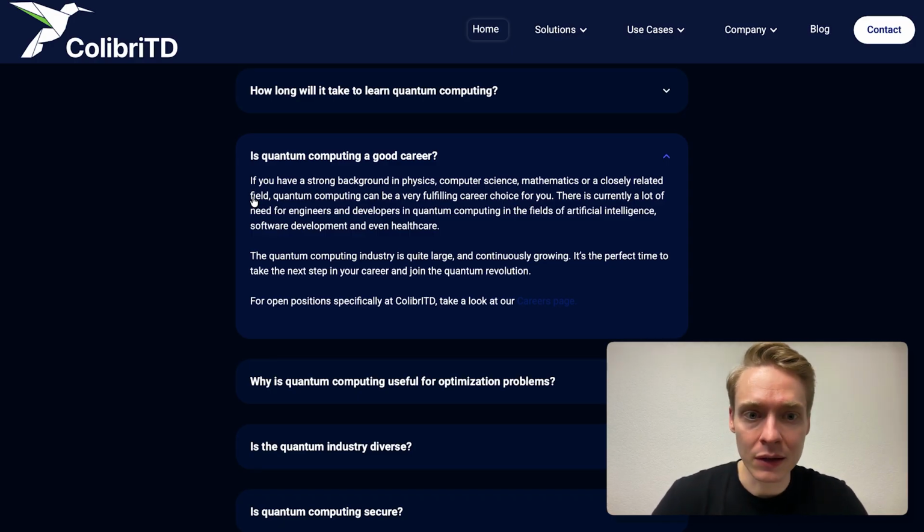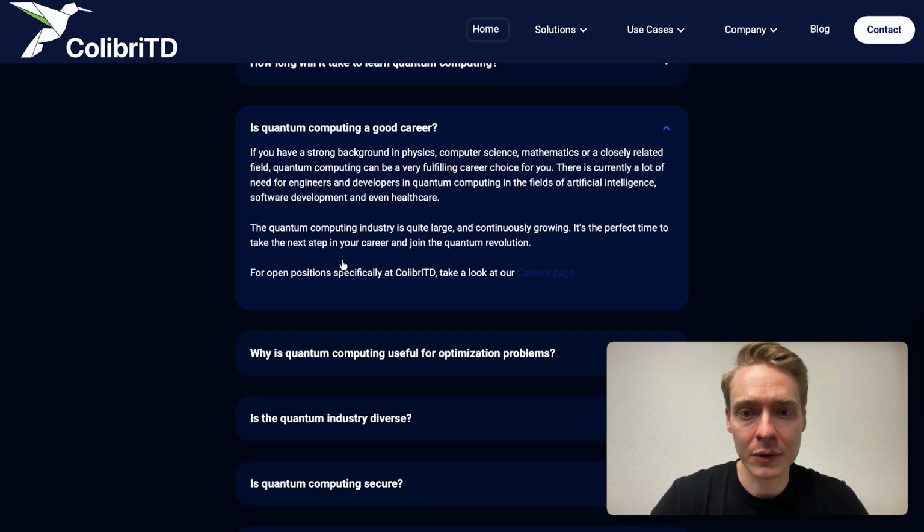There is currently a lot of need for engineers and developers in quantum computing in the fields of artificial intelligence, software development, and even healthcare. The quantum computing industry is quite large and continuously growing. It's the perfect time to take the next step in your career and join the quantum revolution. For open positions, especially at ColibriTD, take a look at our careers page.